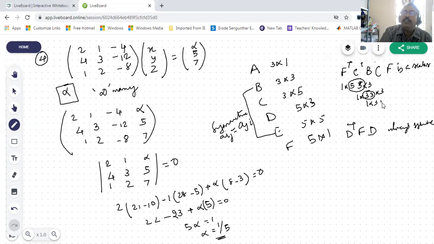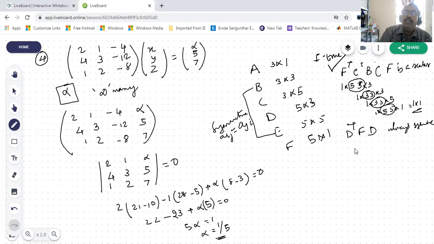Again it is 3 cross 5, so again it is 1 cross 5. What is F? 5 cross 1. Now the end product gives you 1 cross 1, which is a scalar. So you can say statement 1 is true.